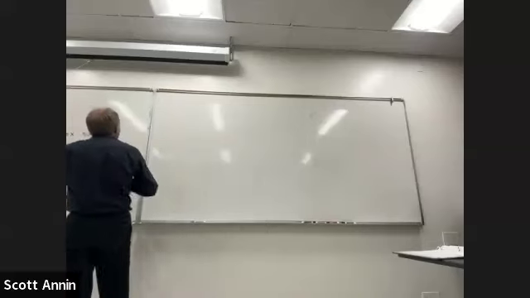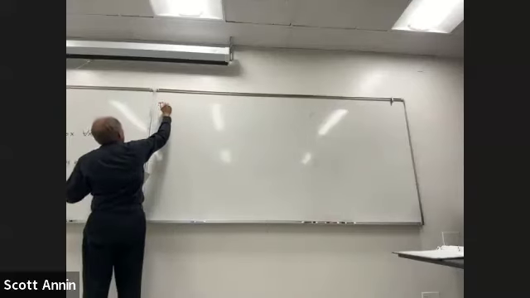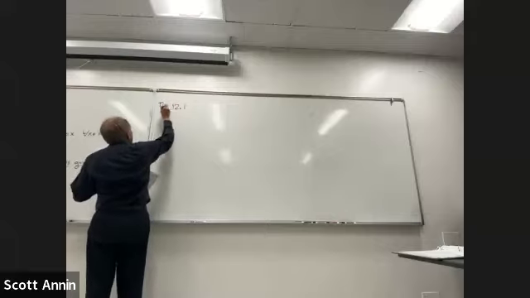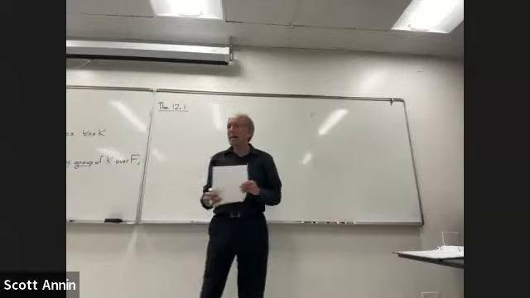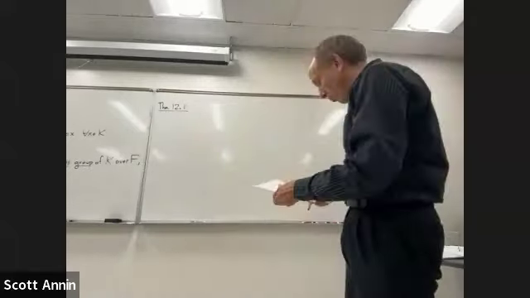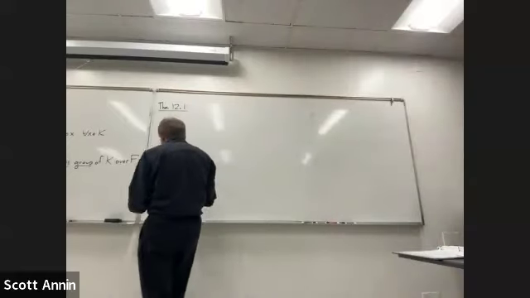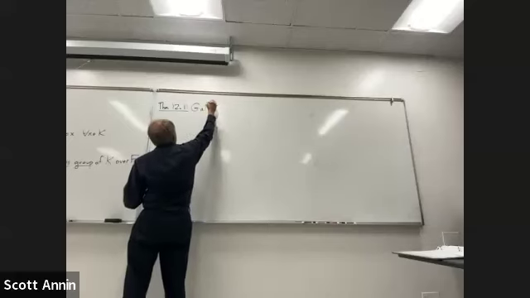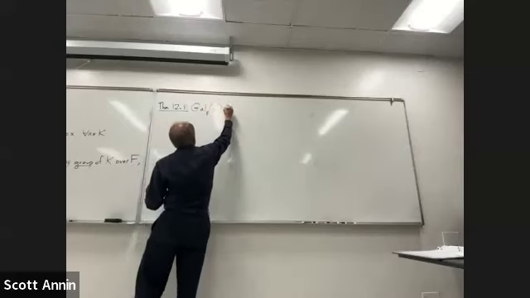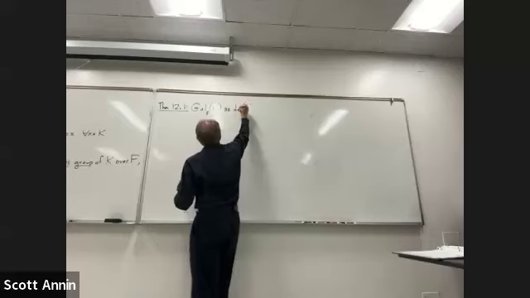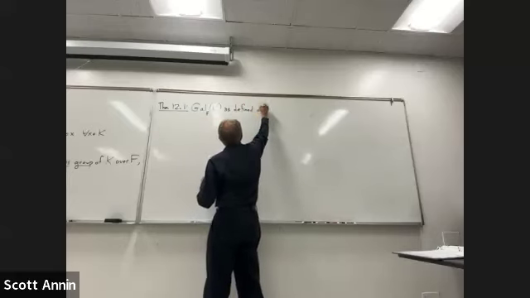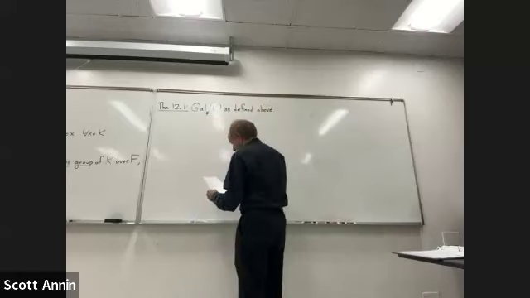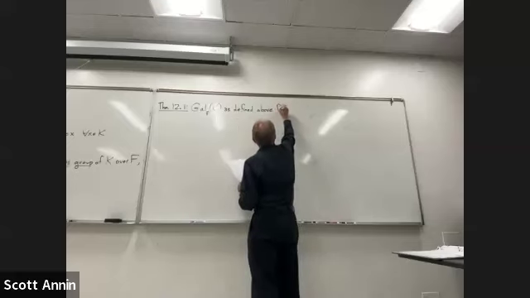The very first theorem in this chapter is going to put us at ease about that. So the first theorem, 12.1 here, just says that Gal of K over F, as defined above, forms a group.